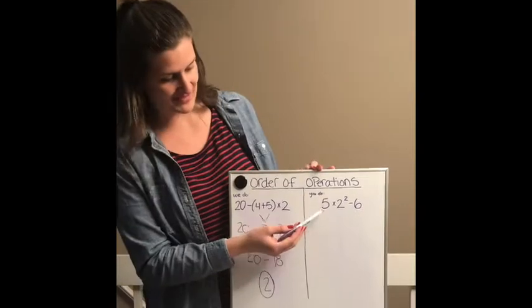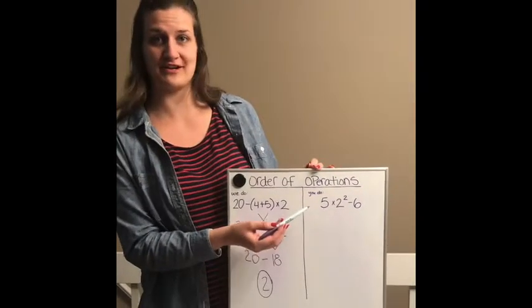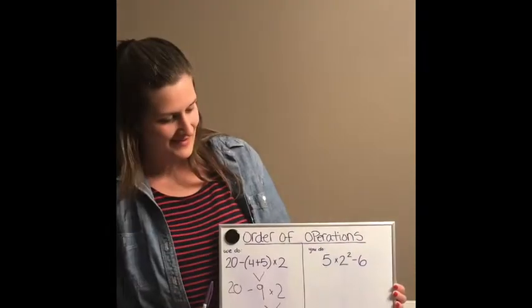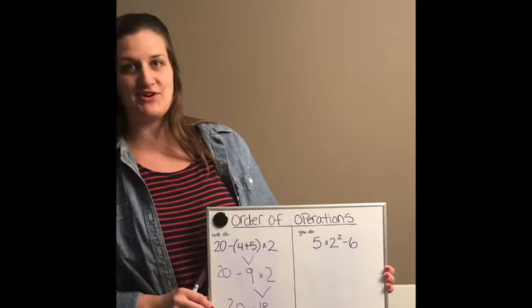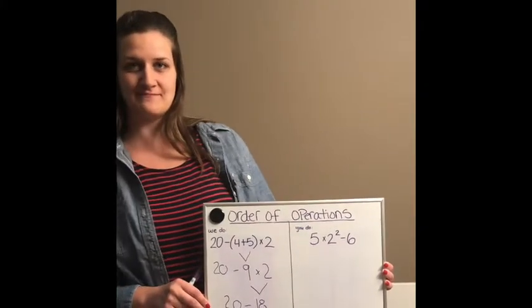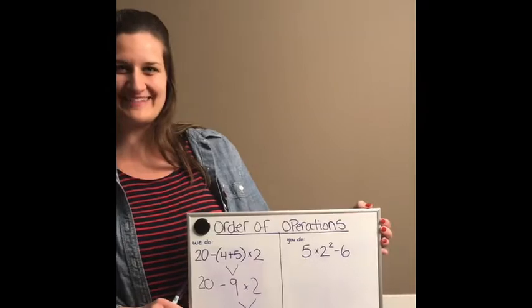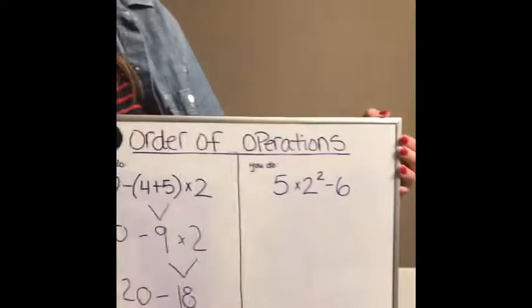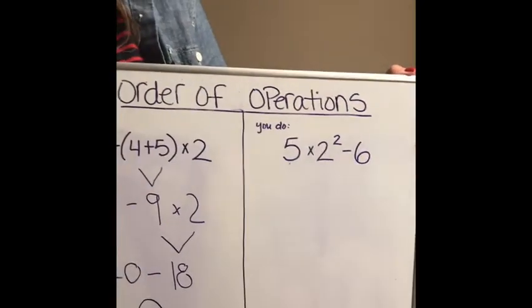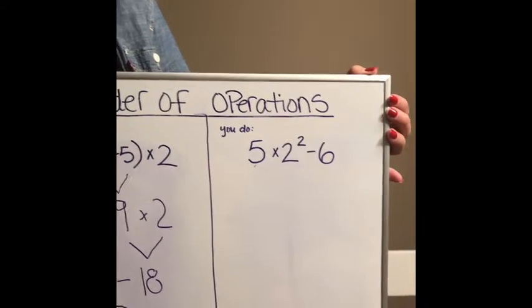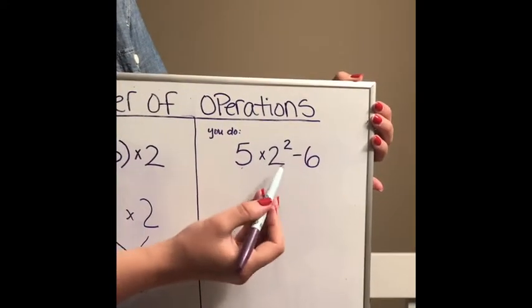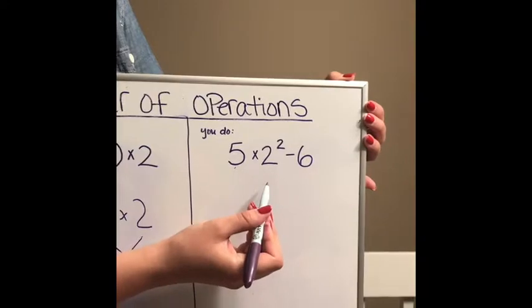So now I want you to try this problem on your own, and then we'll go over it as a class. All right. Do I have a volunteer who wants to walk me through how you solve this problem? Jimmy! So I started with please email, so exponents, so the 2 to the power of 2 is 4.